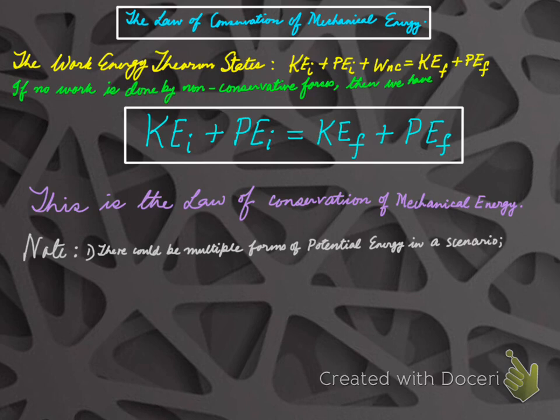So when I say kinetic energy initial plus potential energy initial, the potential energy initial could be more than one term. It could be gravitational potential energy and spring potential energy, and later on, electrical potential energy. So the PEI that I have there and the PEF that I have there could be the sum of multiple types of potential energy.